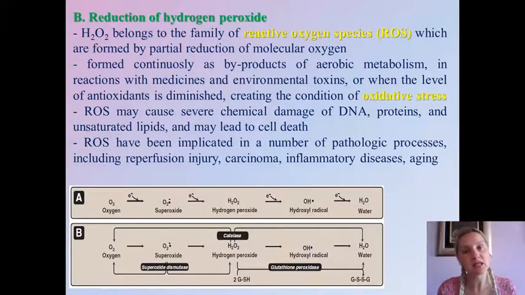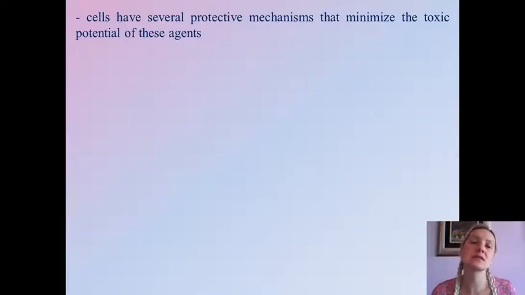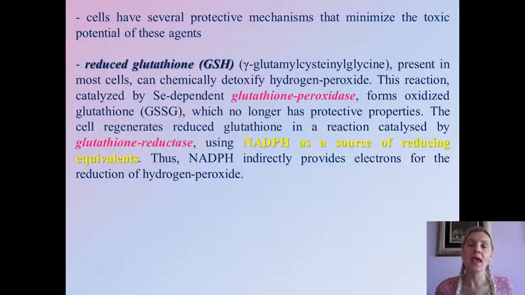But luckily for us, our cells have several protective mechanisms which serve to minimize the toxic potential of these agents. And one of these protective molecules is reduced glutathione, GSH, or gamma-glutamyl cysteinylglycine.